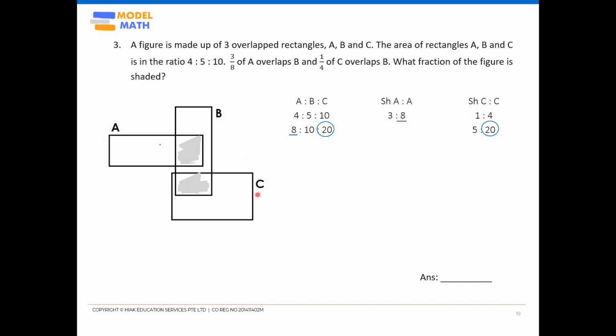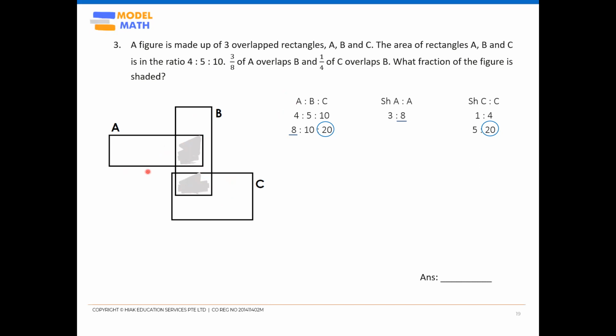You look at this as one portion, this one as another portion, this white part another portion, this shaded another portion, and this part another portion. So you have 1, 2, 3, 4, 5 portions to look at. And we are going to write down the units for each of these 5 portions.